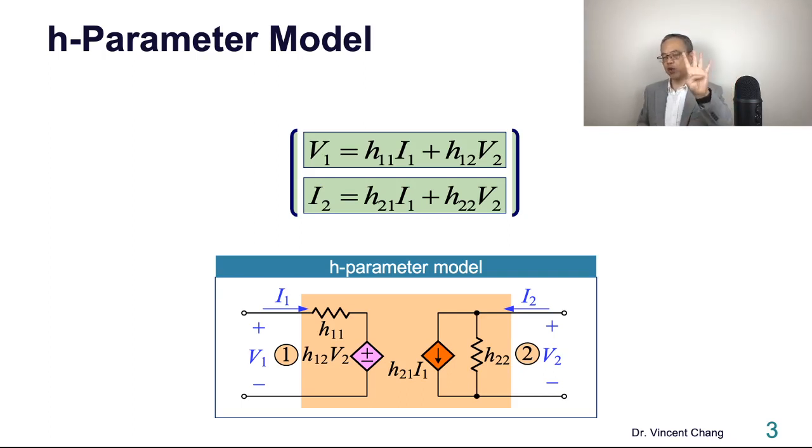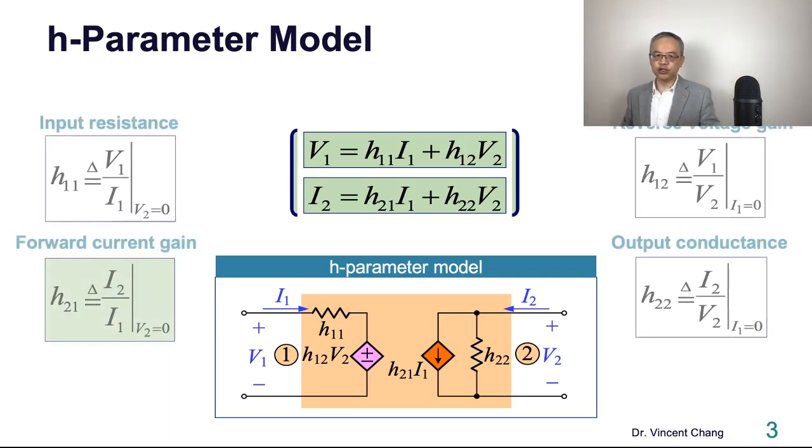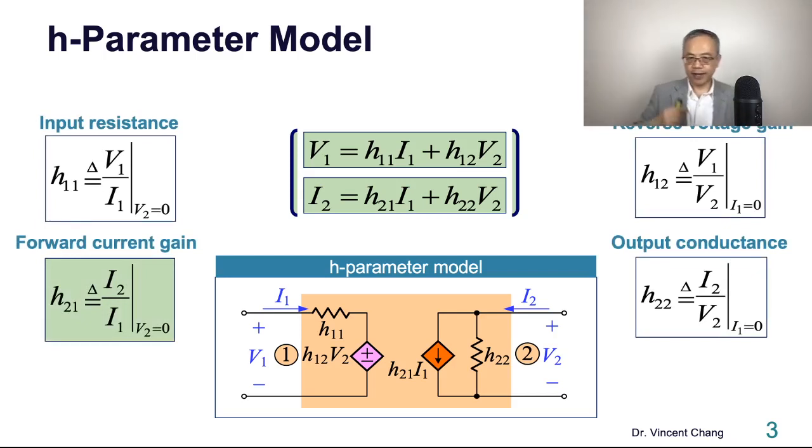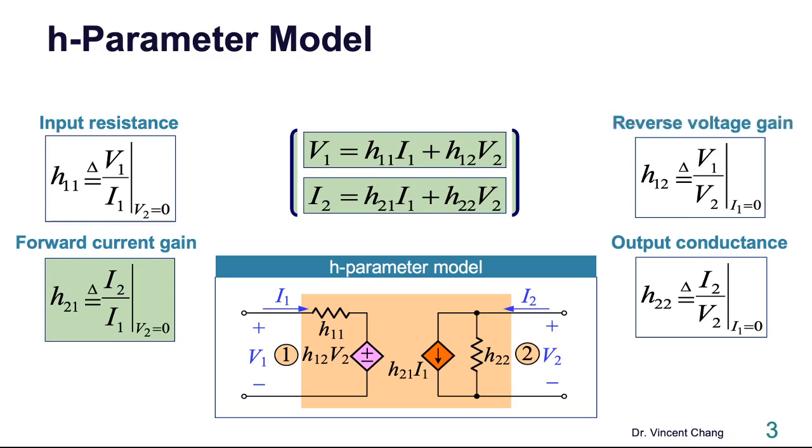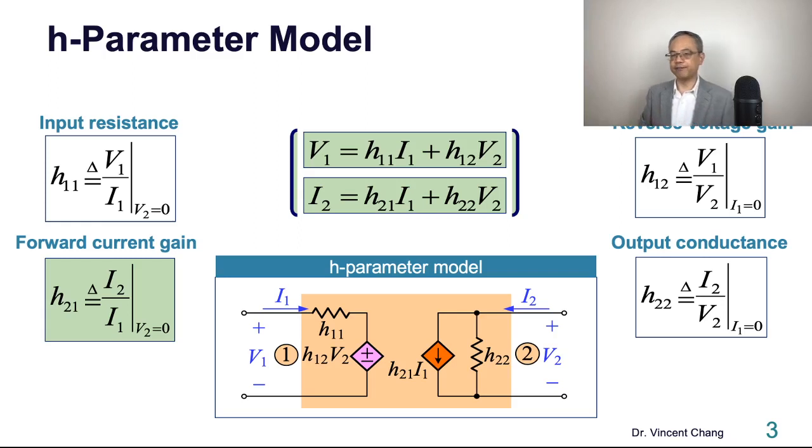Basically, there are four parameters for the two-port network: H11, H12, H21, and H22. The meaning of these four parameters is the input resistance, the reverse voltage gain for H12, the forward current gain, and the output conductance.